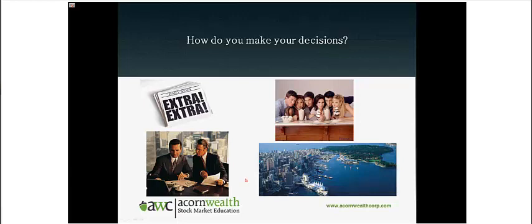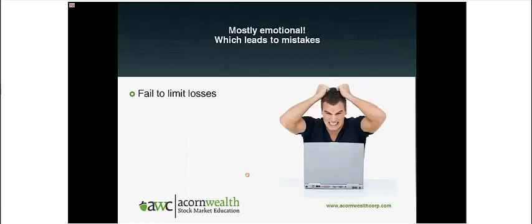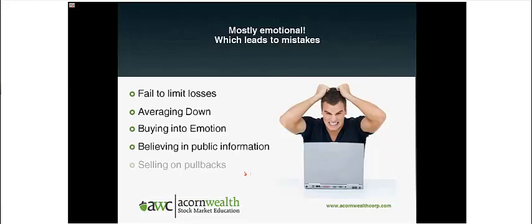So what we want to try and do is get into the habit of getting away from things that are emotionally based, things that can constantly change, because these often lead to us failing to limit losses. We average down, we buy into emotion, all the things that people have experienced before. Sell on pullbacks, take too much risk, because we're constantly justifying how good our idea is, because it's not necessarily quantified.